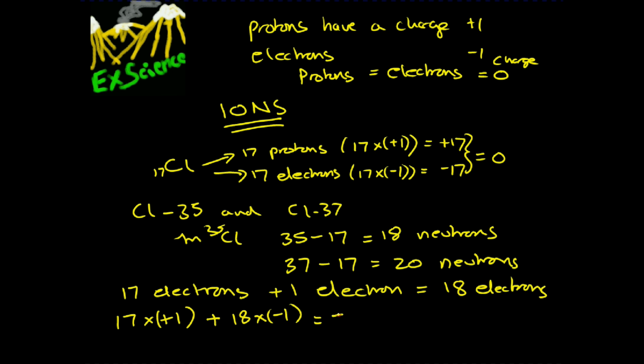And the overall charge of the ion would be minus 1. And we call this a chloride ion, or Cl minus.